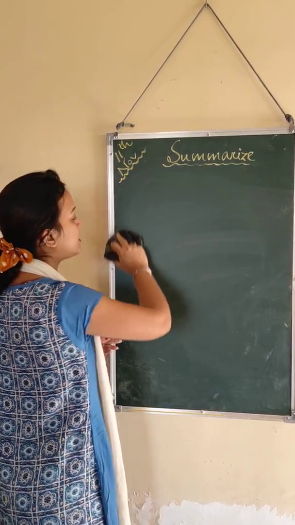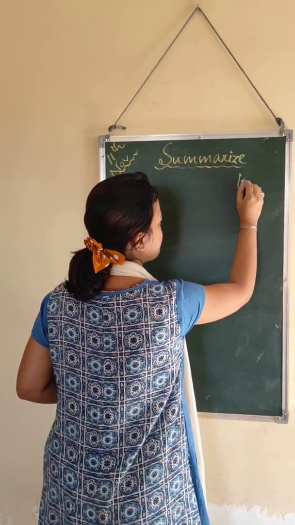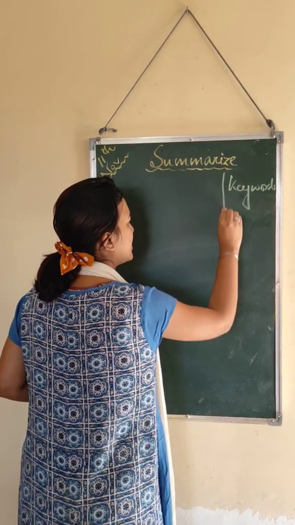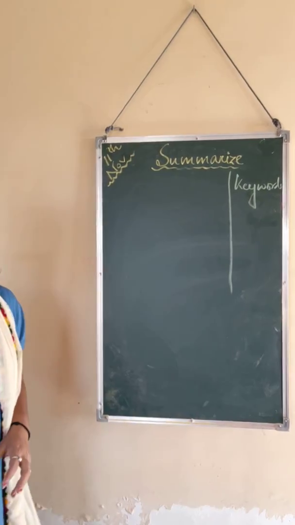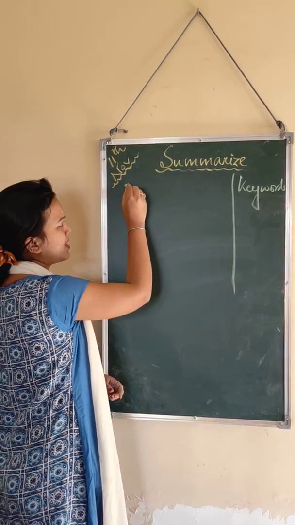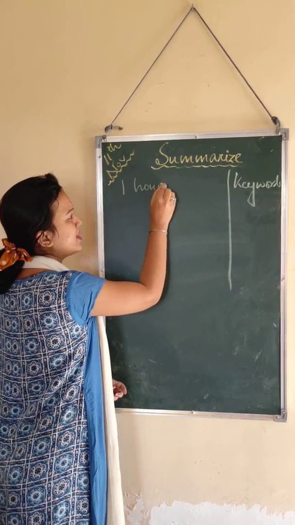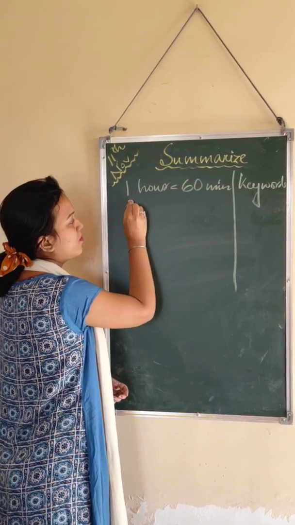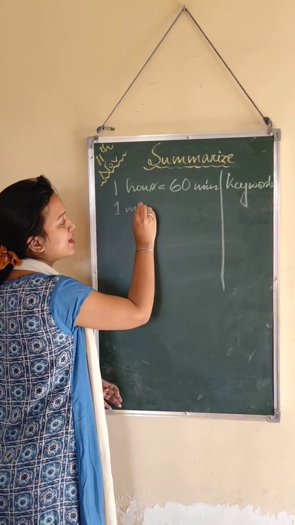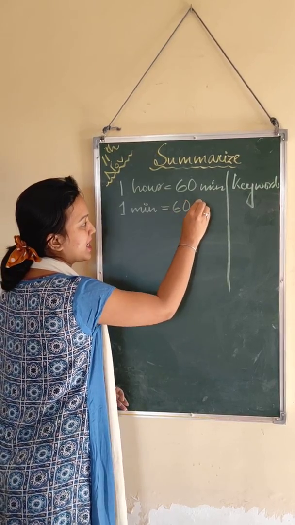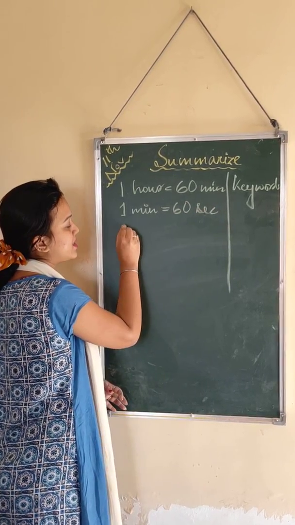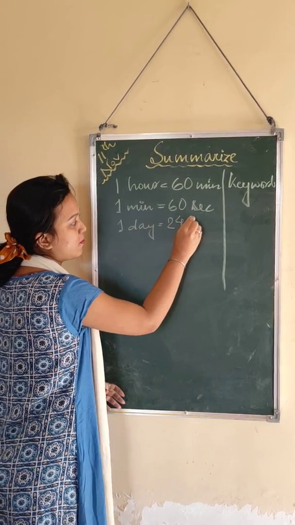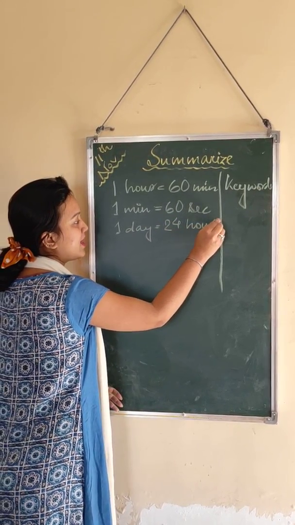In this chapter, you have started with a few formulas. That is, 1 hour is equal to 60 minutes. Then 1 minute is equal to 60 seconds. Then next, 1 day equals 24 hours. Correct?